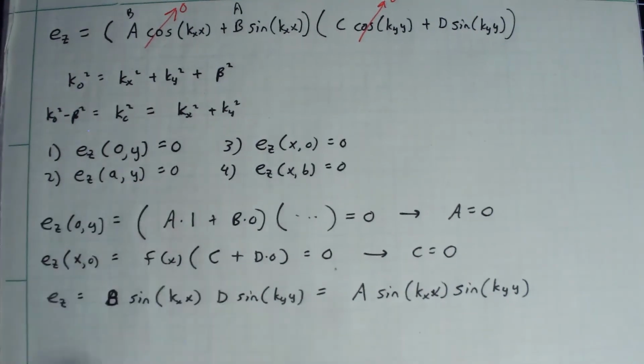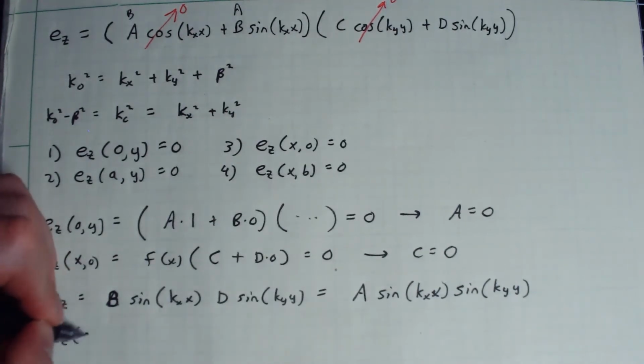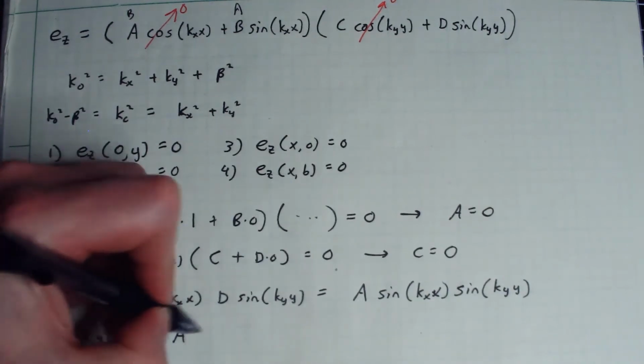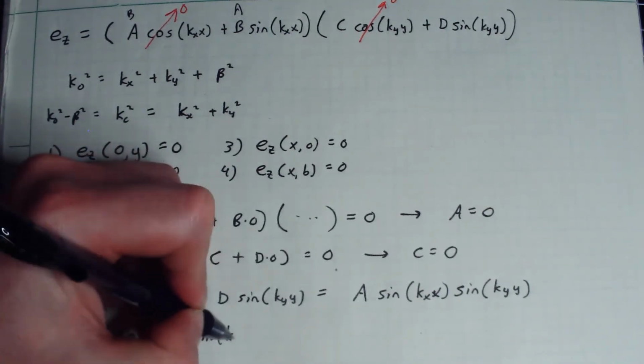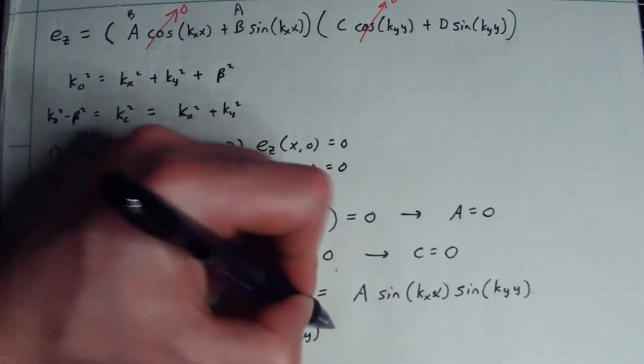Then you apply these next two conditions, and by now this process should start feeling a little familiar and tedious, where if I apply e sub z of a comma y is equal to 0, you basically get a sine of k sub x a sine of k sub y is equal to 0.